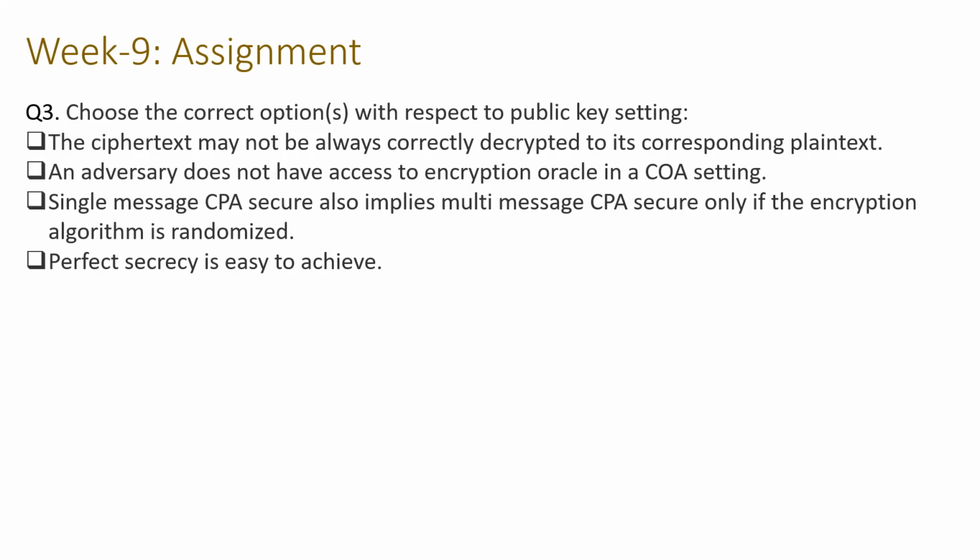And in the case of multi-message CPA security, the adversary provides vectors of messages, say capital M0, consisting of some L number of messages, say small m0,1, small m0,2 to small m0,L.